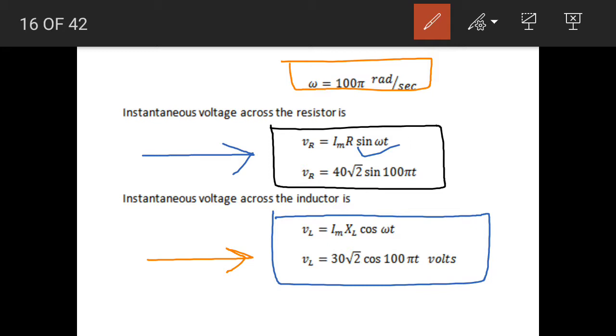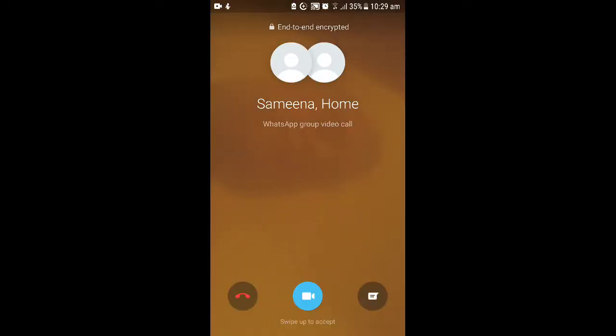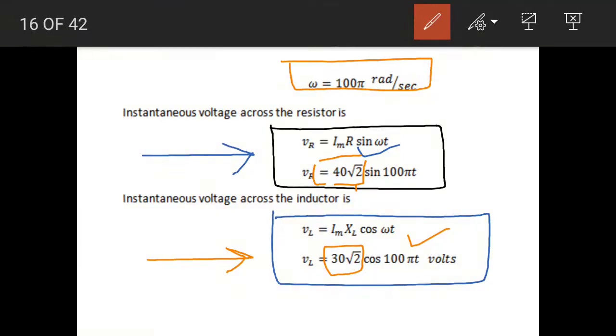So this will be the time varying voltage across the inductor, and here is the maximum value of the voltage across the inductor, and here is the maximum value of the voltage across the resistor. So we calculate the voltage across the resistor and the voltage across the inductor.